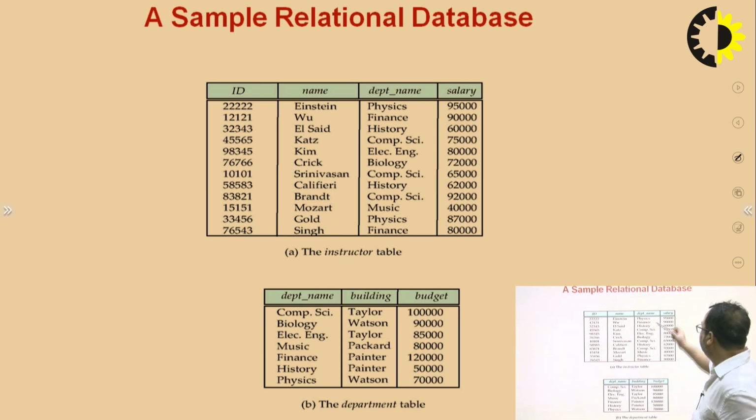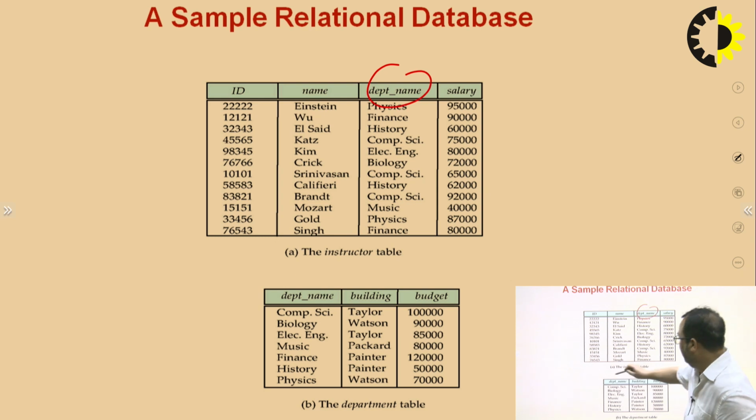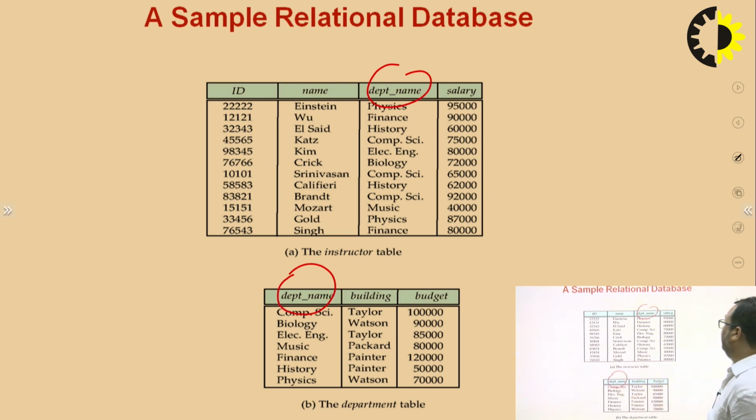Here department name is common in both tables or relations, so this could be related with this one. In one table this particular attribute is made a primary key, and in the other one it becomes the foreign key.